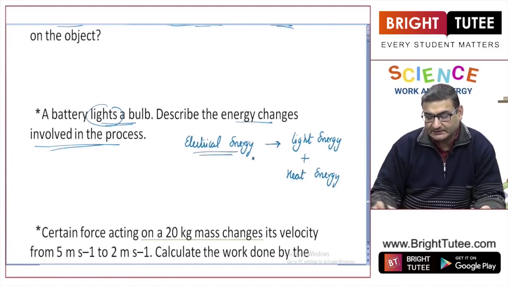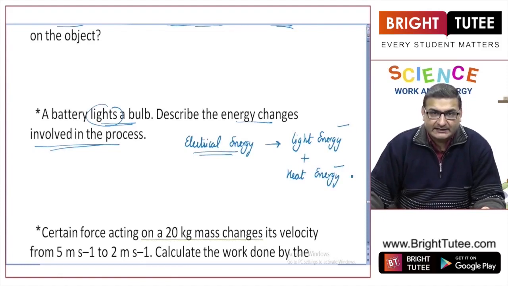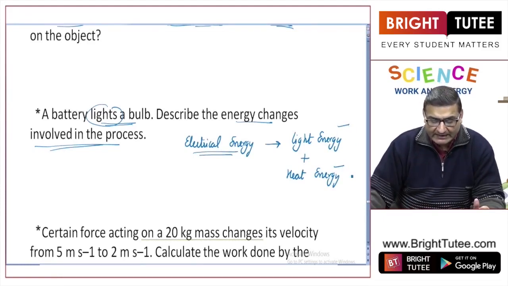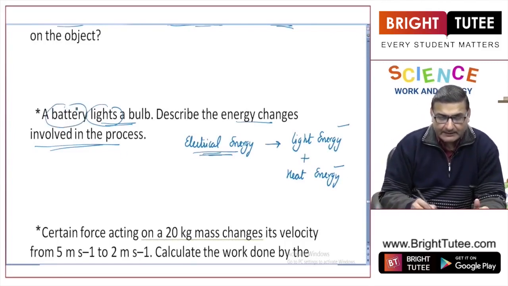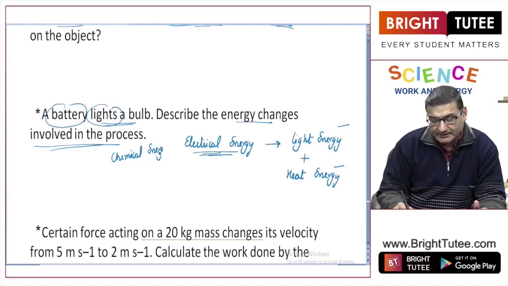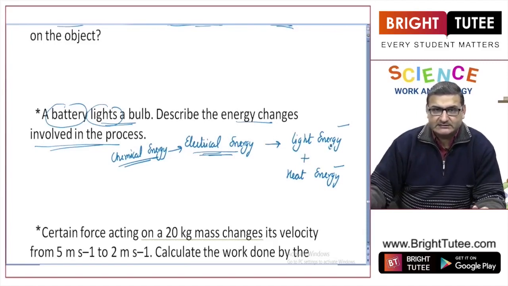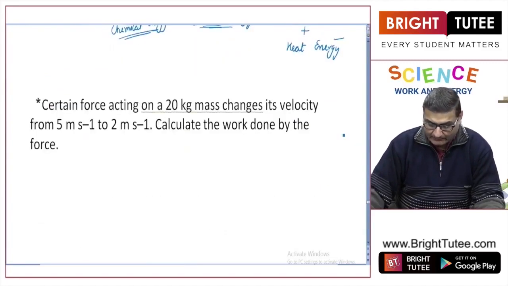So, this electrical energy is being converted into light energy as well as heat energy. These are the energy changes involved in lighting a bulb. And since this electrical energy is provided by a battery, in which there must be some chemicals, chemical energy is being provided, which produces electrical energy, which in turn is converted into light energy and heat energy. Got it? Let us see the next question.